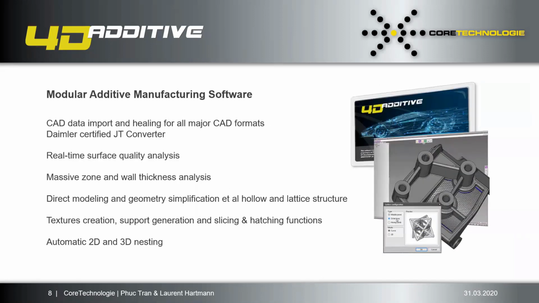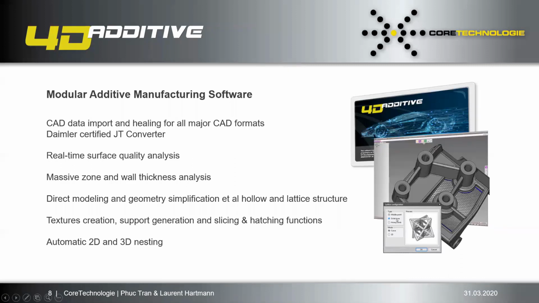So just a quick overview before we get to the live demonstration of Laurent. So the software can read and heal all major CAD formats. And we do have real-time surface quality analysis. We do have massive zone and wall thickness analysis, direct modeling tools and also simplification tools to make hollowing and to do lattice structures inside of the model to keep the strength.